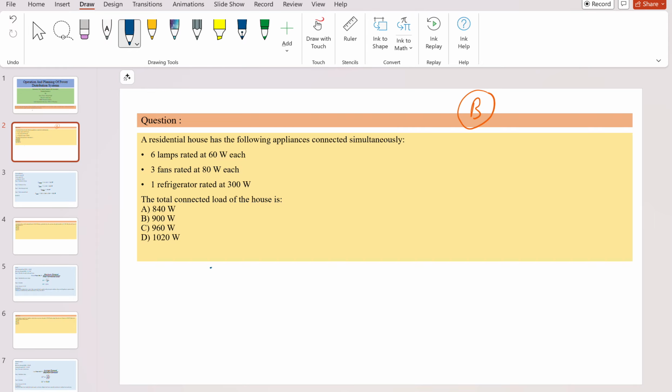Anyone else? Okay, let me explain. I got option B's.